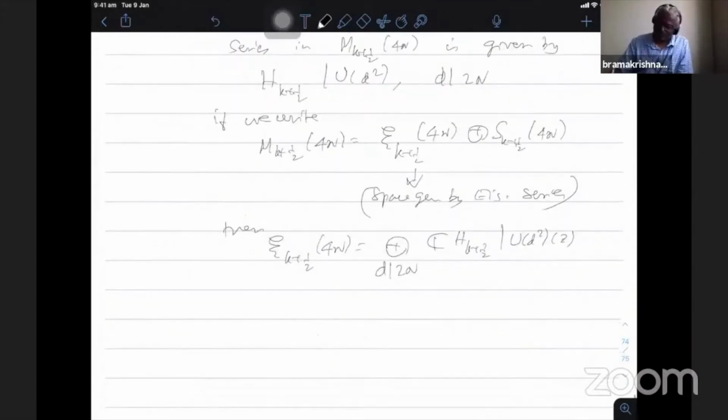So this is the fact. Therefore, using this particular fact and then using the mapping property on that one, we will show that this maps M_{k+1/2}^+(4n) to M_{2k}(2n). So another property which is easy to see, another property of Shimura maps.